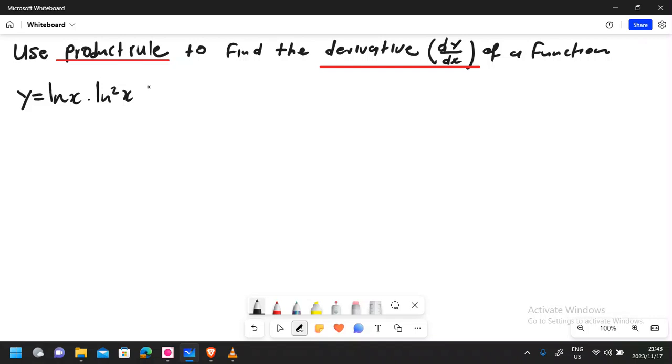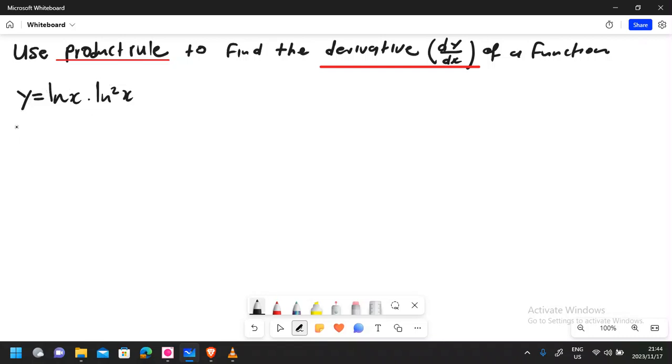But then let's start with this problem here. As you can see, now we have a natural log multiplied by natural log squared. I'm going to rewrite it in a way that you will understand. So when we use the product rule, remember we're going to have two functions, and these two functions we need to name them.